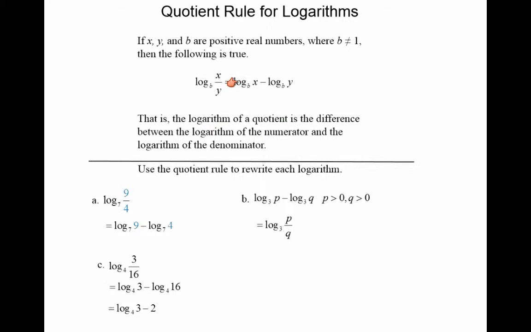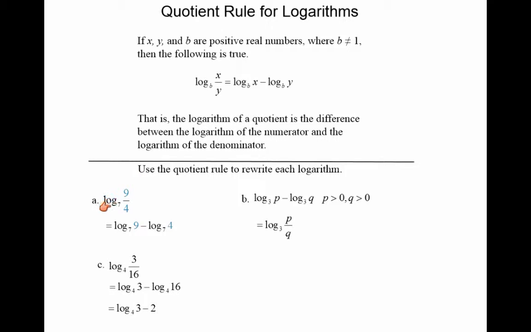That is, the logarithm of a quotient is the difference between the logarithm of the numerator and the logarithm of the denominator. So if you want to expand this, I would write it as log of x minus log of y. If I want to combine them together, sometimes you need to combine this into one single logarithm, you write this as log of x over y.